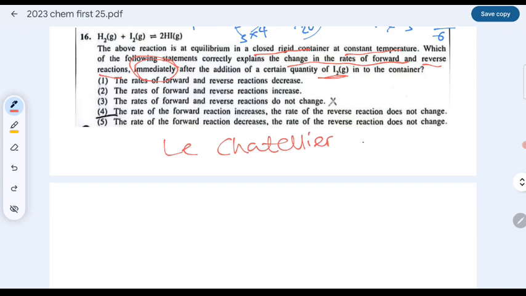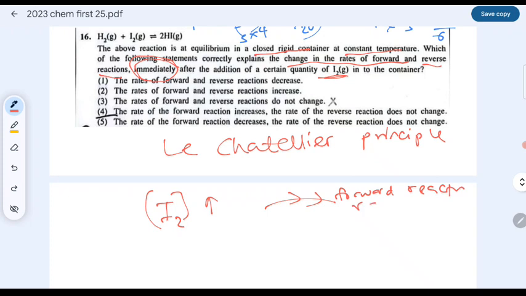Now, if a certain quantity of I2 is added, what happened? The I2 concentration increases now. Then the reaction tends in the forward direction. So the forward reaction rate increases. Why? In order to lower the I2 concentration.